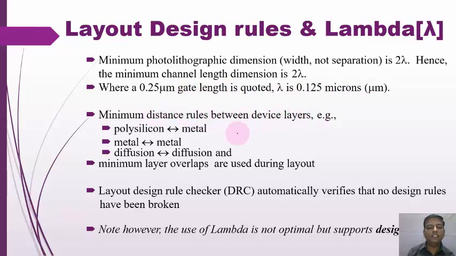Minimum distance rules between device layers, for example polysilicon, metal to metal, diffusion, and minimum layer overlaps are used during layout. The layout design rule checker automatically verifies that no design rules have been broken. Note, however, the use of lambda is not optimal but supports design reuse. But every student should take care.